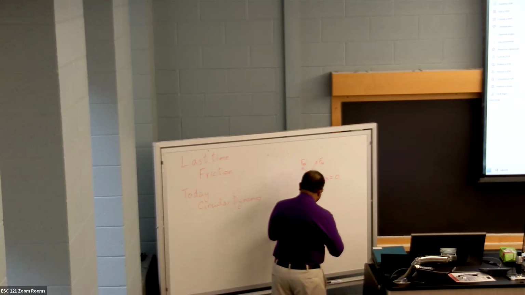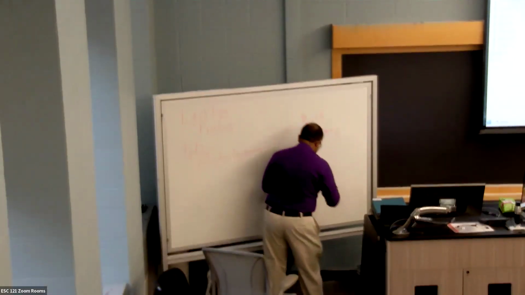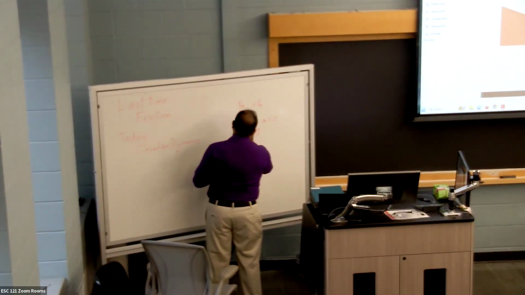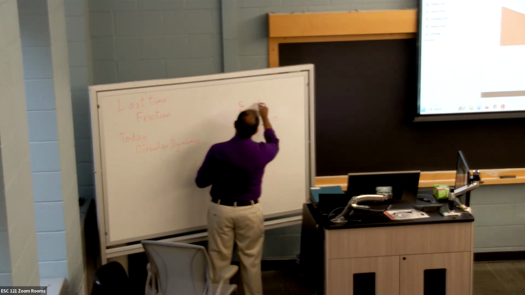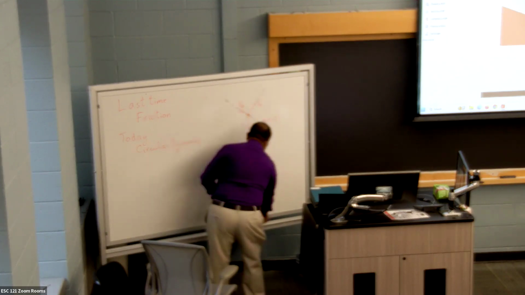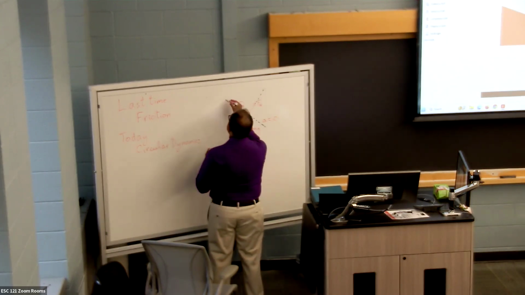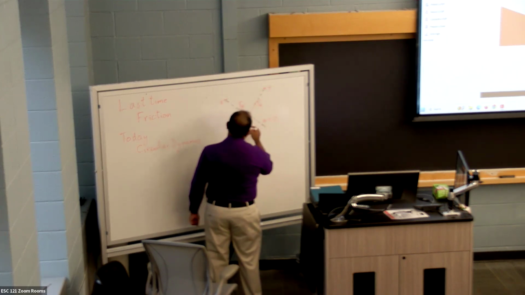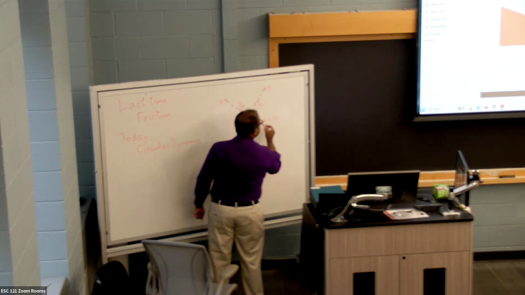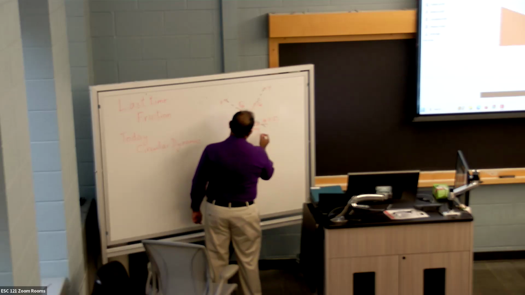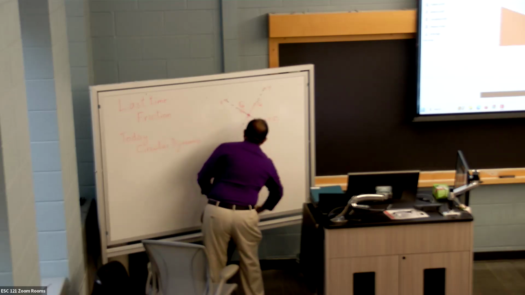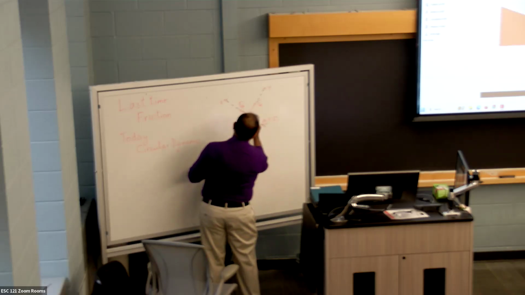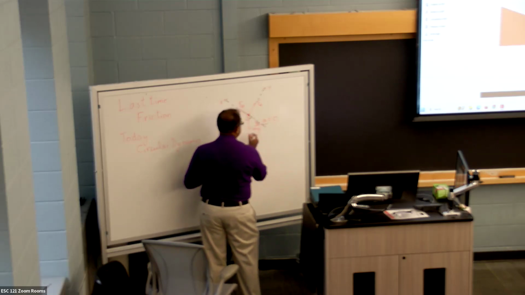So then I add on axes. Let's say I make this one X and this one Y. I know that this angle is theta, which means that this angle is 90 minus theta, which means that this angle is theta again.